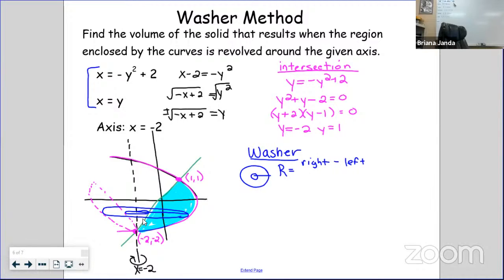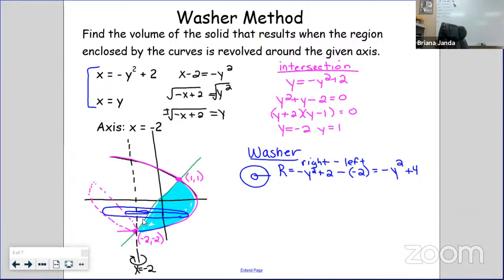So our right function here would be our curve -y² plus 2, minus our left side of that radius, the axis, the line x equals -2, which gives us a radius of -y² plus 4.